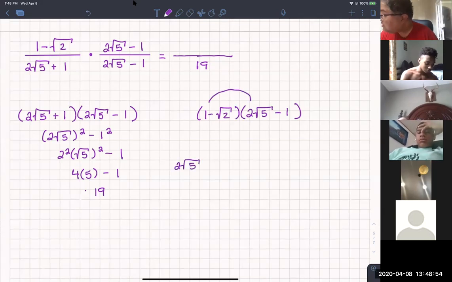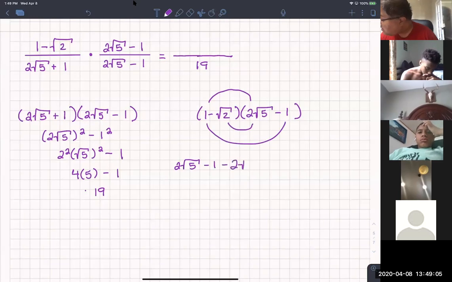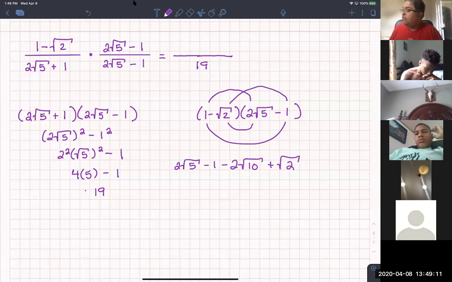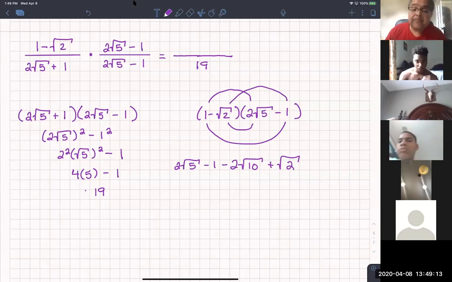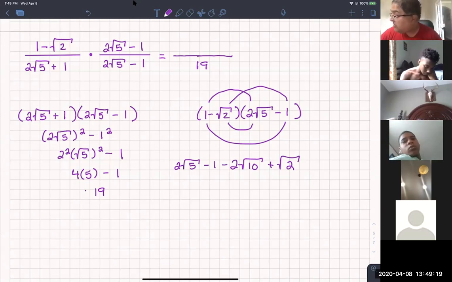So the first terms give 2 root 5, outside is minus 1, inside is minus 2 root 10, and the last is plus root 2. Can we combine or simplify any of those? No, so you just have to keep every one of those terms.